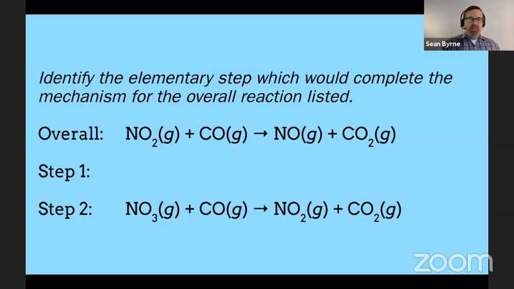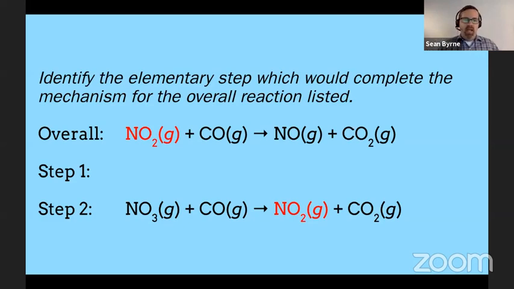So my analysis of this would start by going through each of the chemicals that are in the overall reaction and seeing where they came from. And if I don't have a clear spot where they came from, i.e. if it didn't come from step number 2, well, then we're going to say it must have come from step number 1. All right. So the first substance that I'm going to look at here would be NO2 gas. What I notice is that in the overall reaction, I have some NO2 gas, but I also have some NO2 in the product of step number 2.